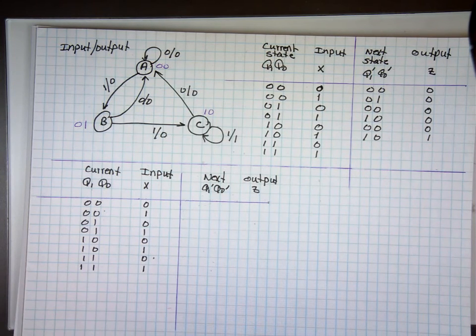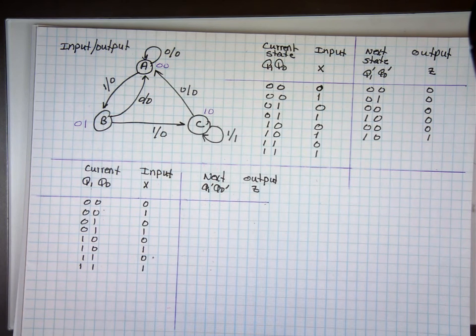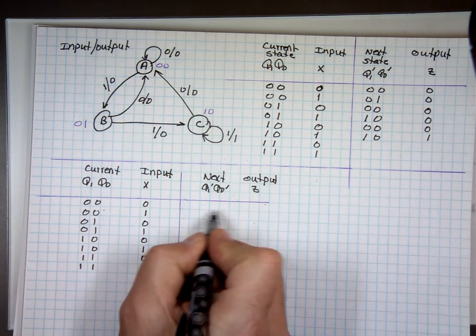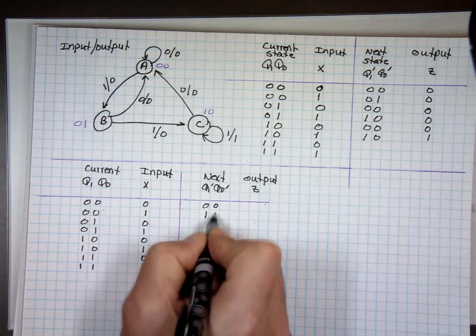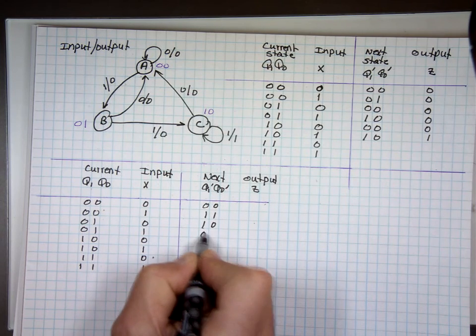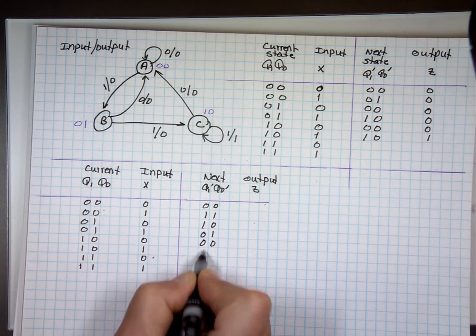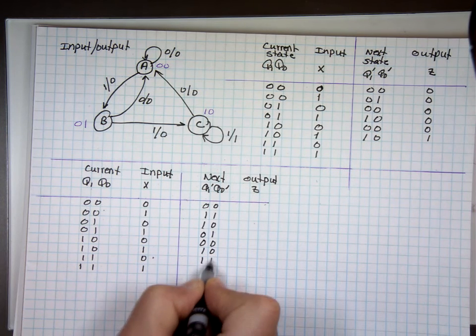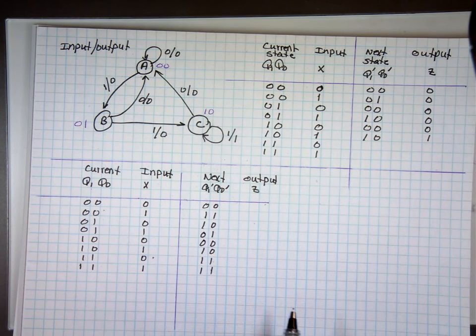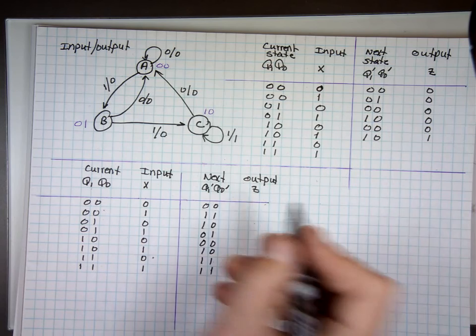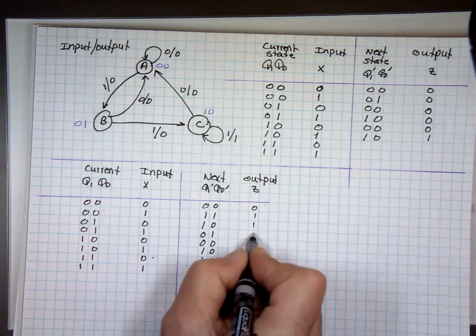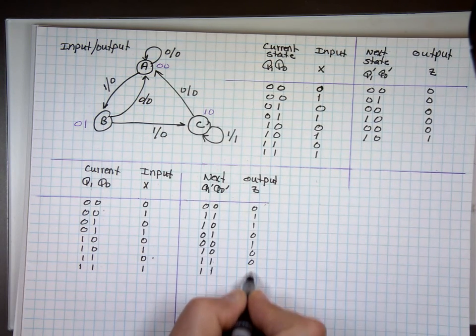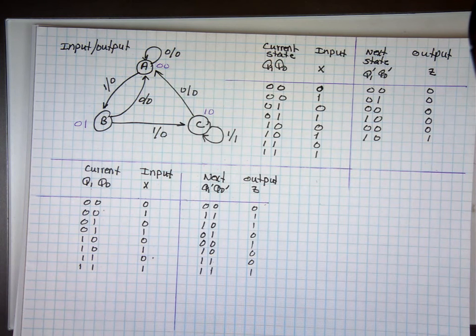And let's decide to make this one, now the next state, I don't know, 0, 0, 1, 1, 1, 0, 0, 1, 0, 0, 1, 0, 1, 1, and 1, 1. And let me make 0, 0, 1, 1, 0, 1, 0, 0, 1. I just made something up. Given this state table, can you go from here and give me the state diagram?